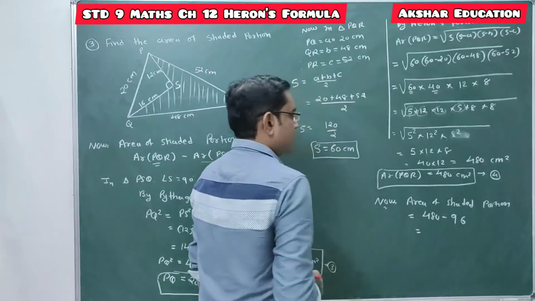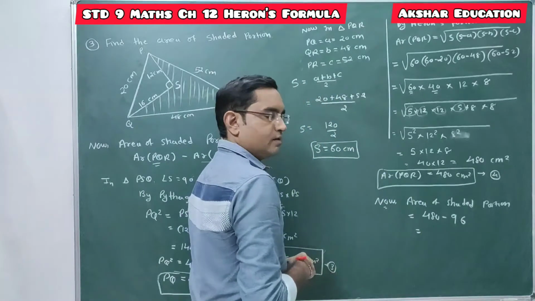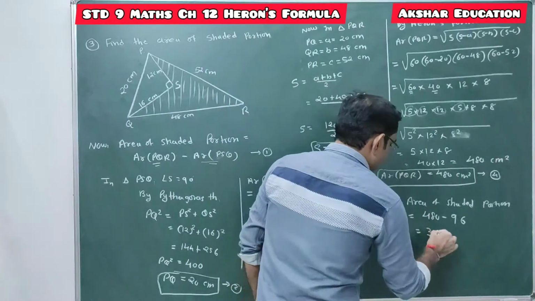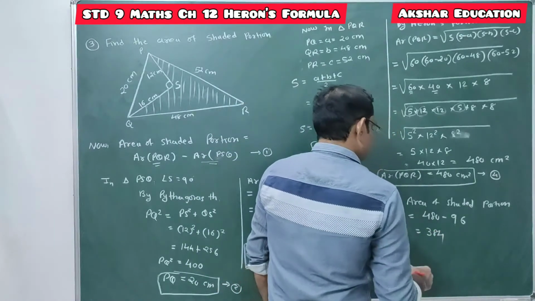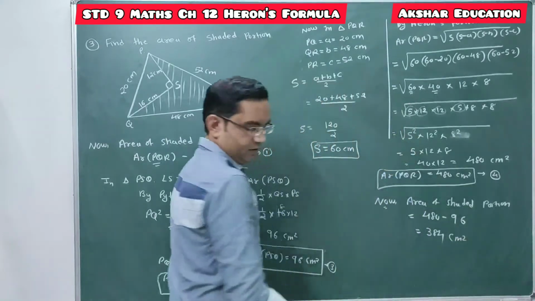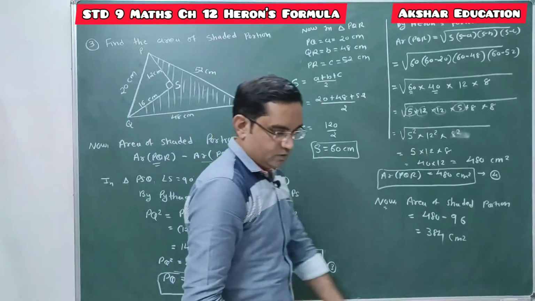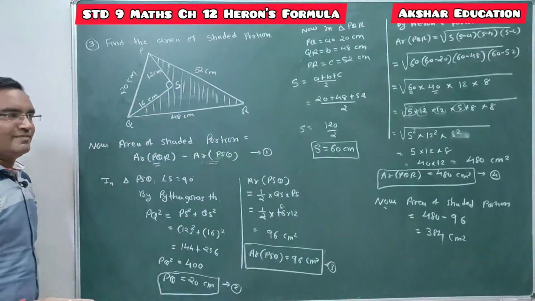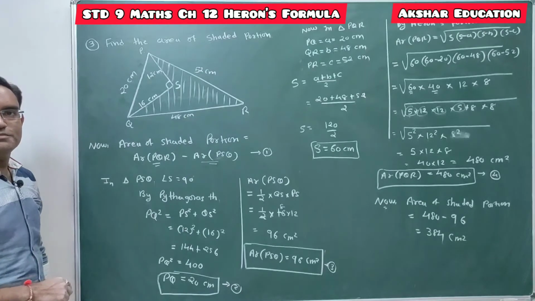So 480 minus 96. So 480 minus 80, 400, and minus 16. So it's 384 centimeter square. This is the area of the shaded portion. Clear, students? Yes, 384 centimeter square. So pause the video and note it down.